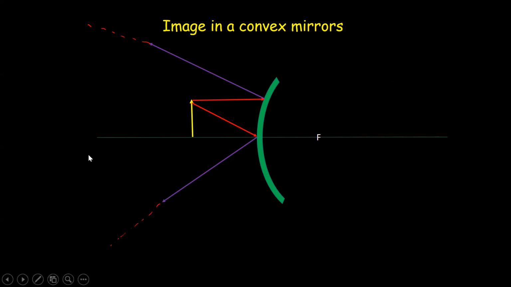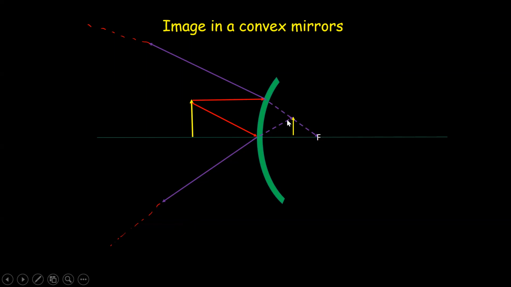So they never cross in front of the mirror. But what about just extending them beyond the mirror? As you can see, the parallel light is reflected back so that its extension actually passes through the focal point. The point where these 2 reflected rays cross is the image.